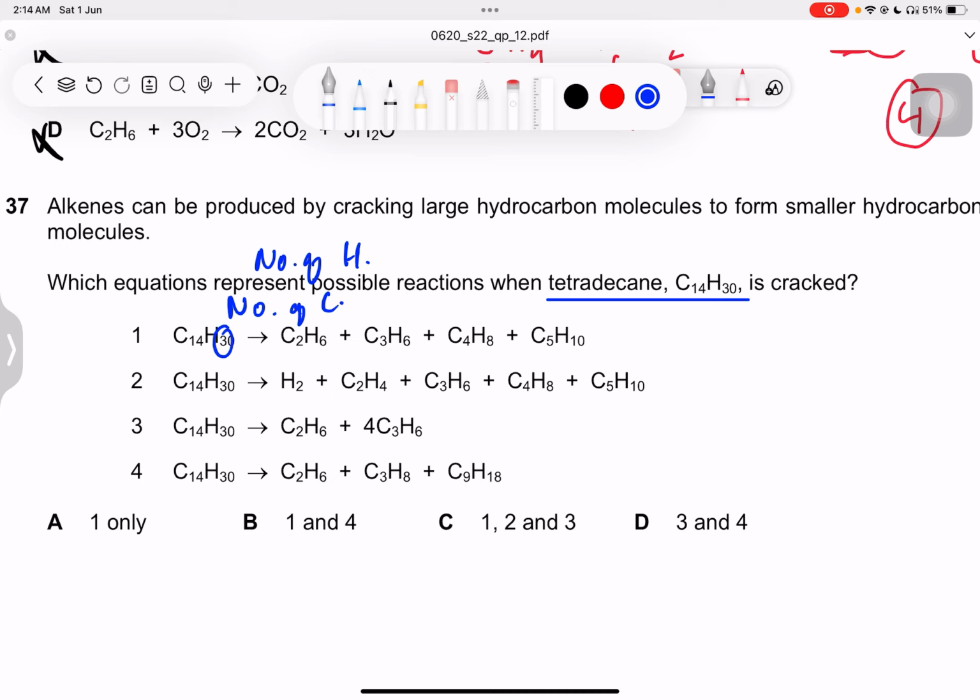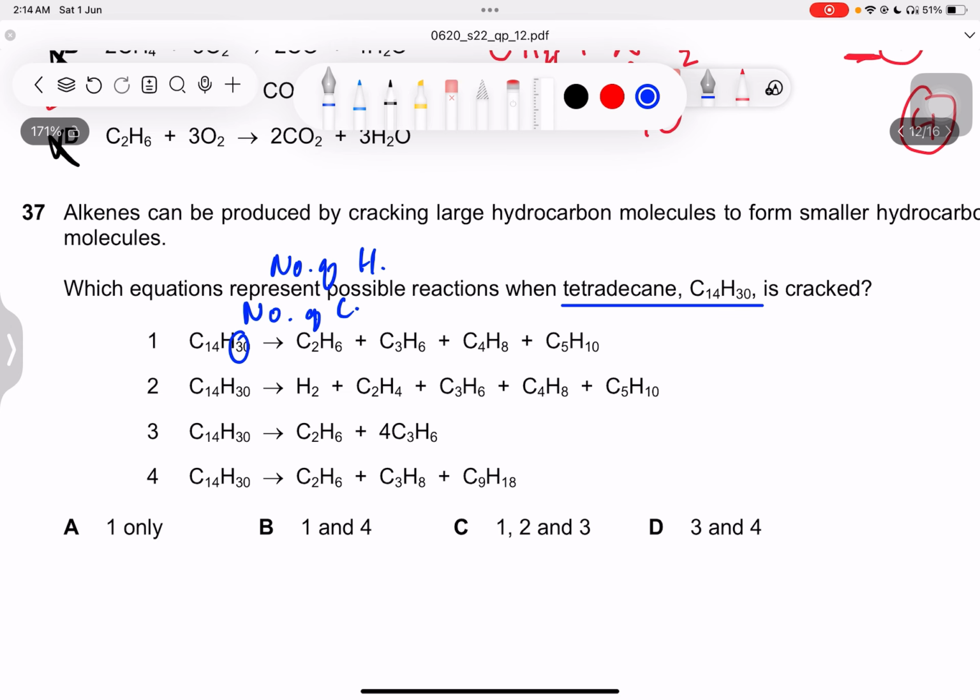If there are 30 hydrogens over this side, there should be 30 over this side. So if we look at 1, the first statement, we have 30 hydrogens: 6, 6, 12, 12 plus 8, 20, 20 plus 10, 30.